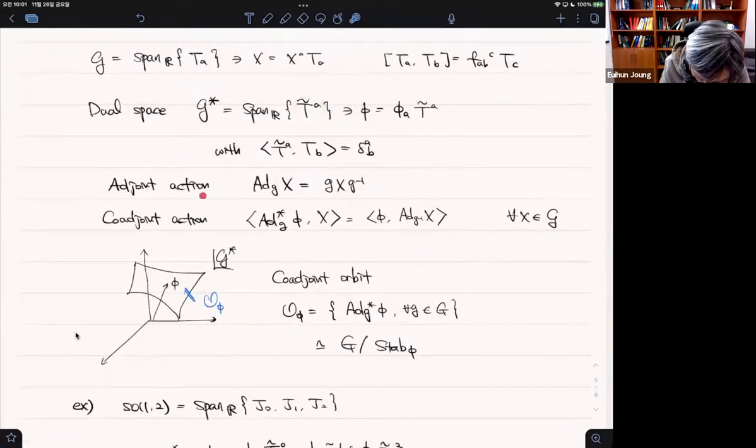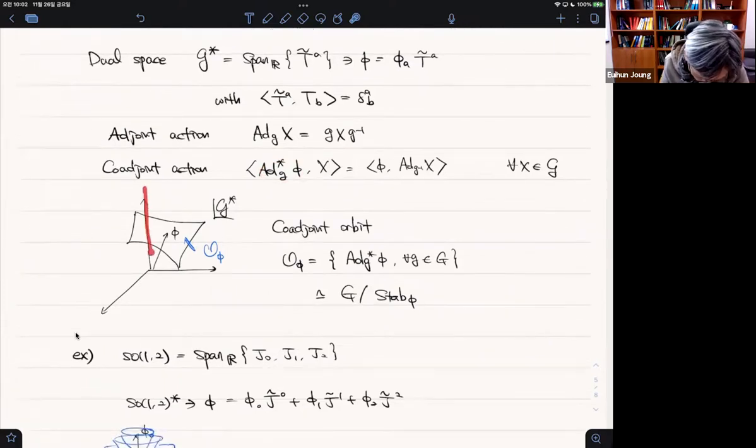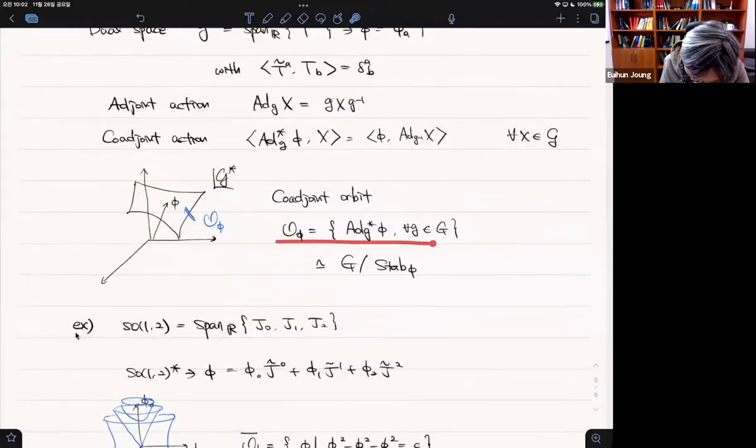Then you have natural actions, the adjoint action on the Lie algebra space, and using this duality you can also define co-adjoint actions on your dual Lie algebra space G star. So in this G star space, any vector you can act on with G, and it will form a surface which forms an orbit.